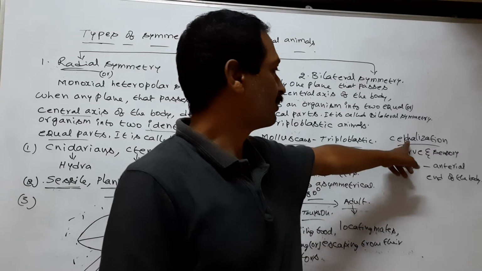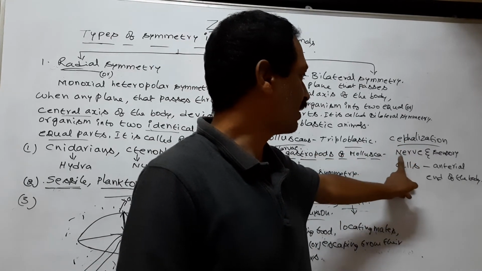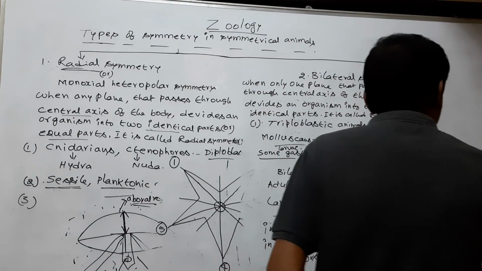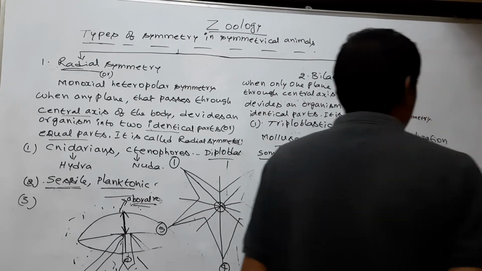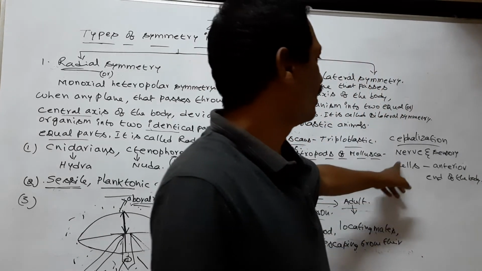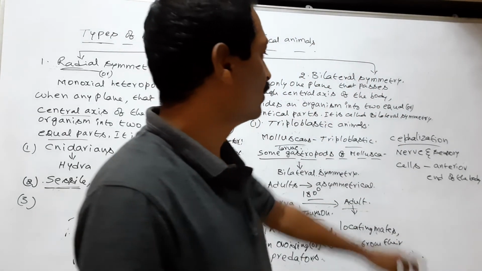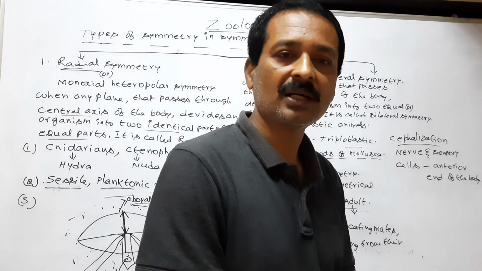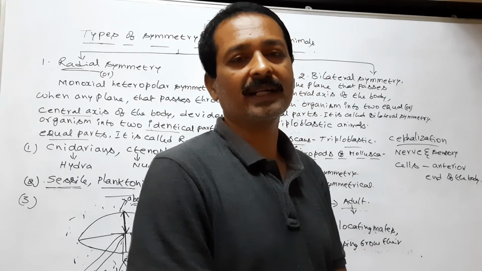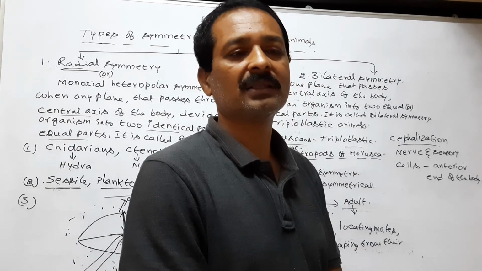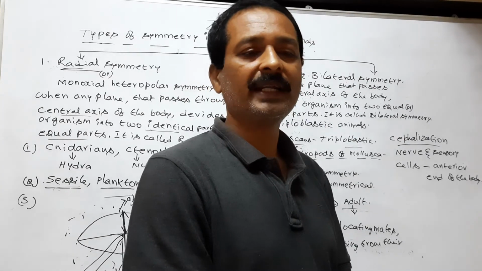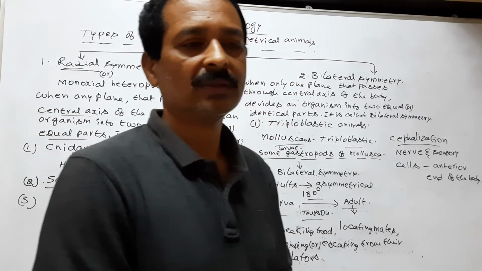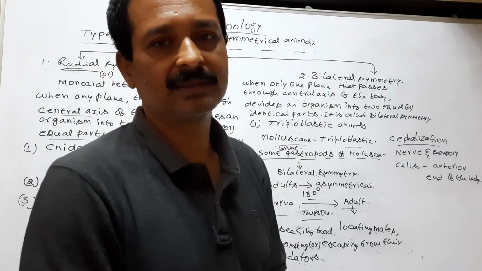Due to the presence of cephalization, the bilaterally symmetrical animals are more efficient than the other animals in seeking food, locating mates, and in avoiding or escaping from predators.